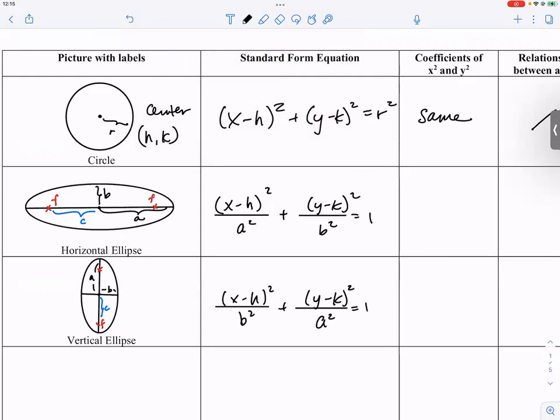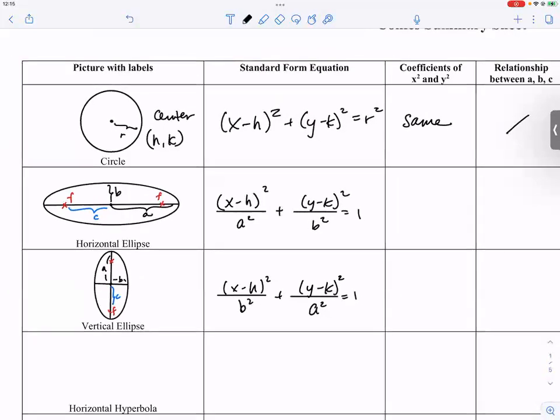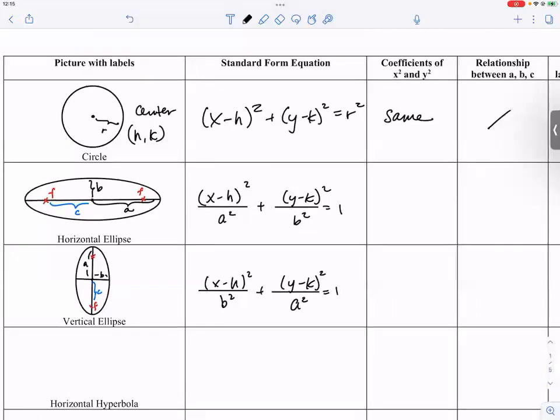So among a, b, and c, what do we know about a, b, and c? Well, we say c squared is equal to a squared minus b squared. And the easiest mistake is that people try to just memorize something, but then they memorize it wrong.